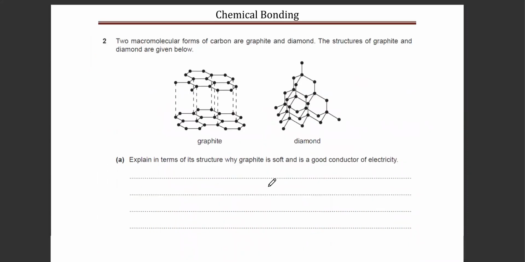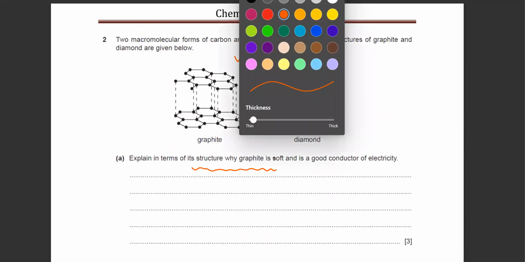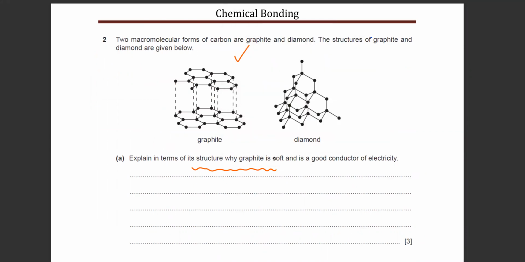Next, you have to be very specific. Why is graphite soft? This is graphite. Sir, is it because of the weak intermolecular forces? Okay, again, remember it has layers. So you're going to talk about the intermolecular forces. They're very weak. So the layers can easily slip and slide over one another. Yes, sir.